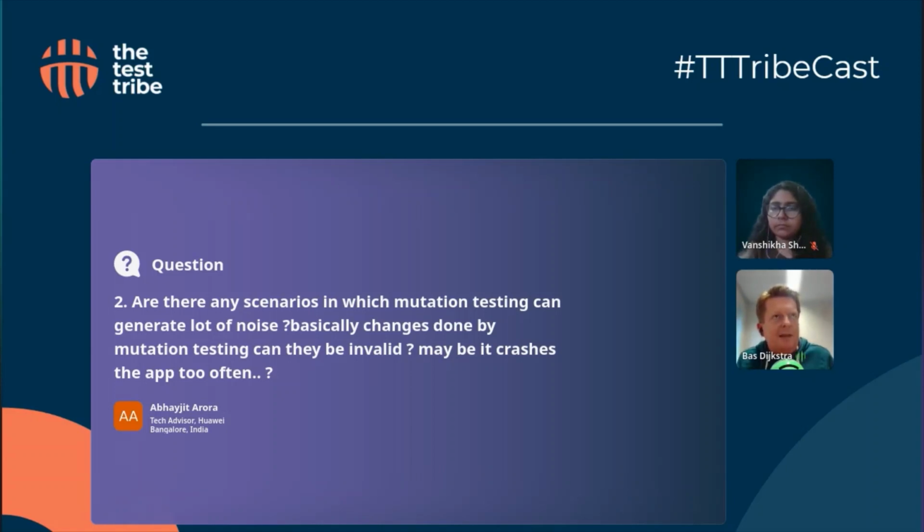But that doesn't mean that you should just start writing tests that test getters and setters for your code. So that's one of the most common, obvious examples where mutation testing generates noise, which is why you probably want to exclude those classes and the packages that contain those classes from your mutation testing efforts.